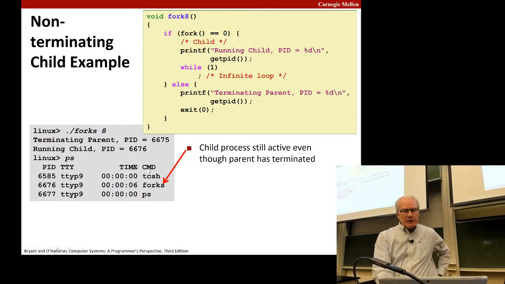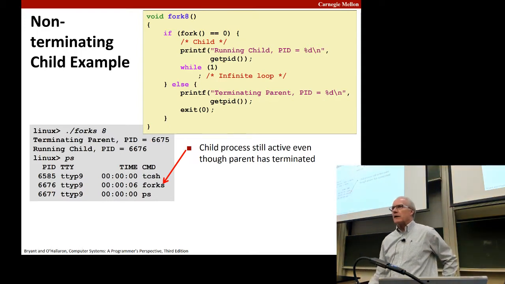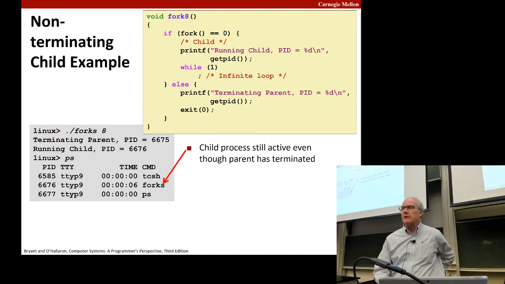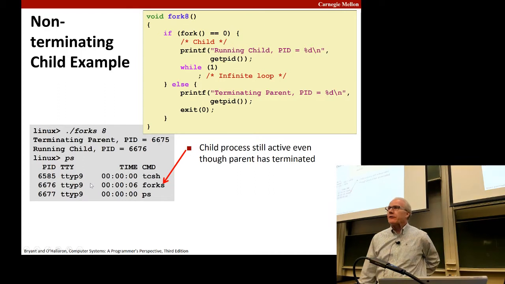But if I do a ps, I'll see that there's still a forks process, and it has process ID 6676, which is the child. So the point is that this child is going to keep running, and it's not a zombie, it's an active program just spinning in a loop, doing nothing useful, but it's still executing. And that will run potentially forever, unless somebody kills it.